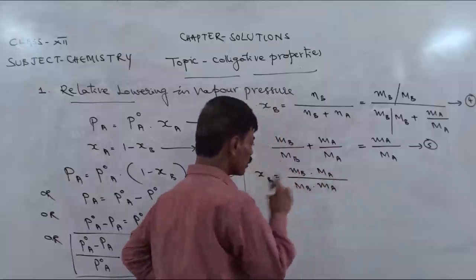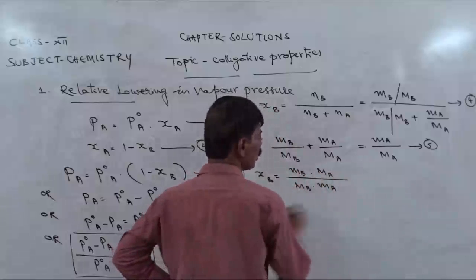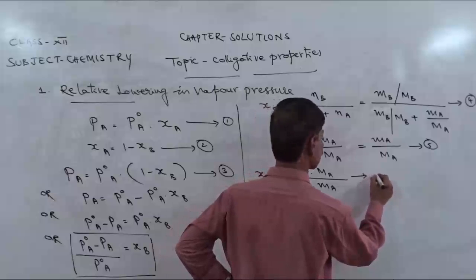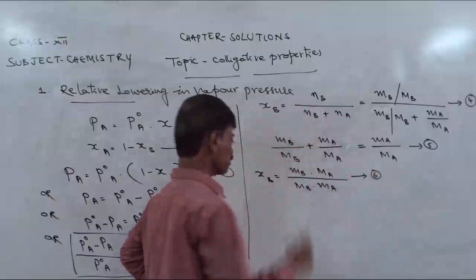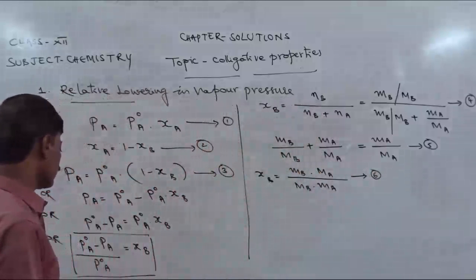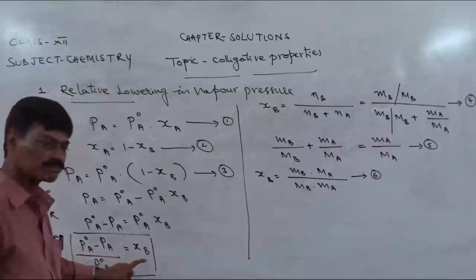That will become the denominator when it is taken. Let this be now equation number 6. When this equation number 6 is substituted in equation number 3, this equation.